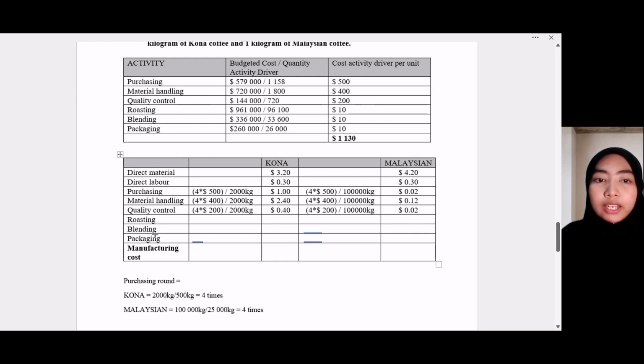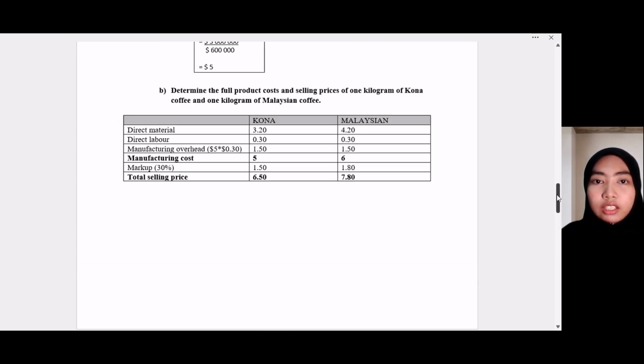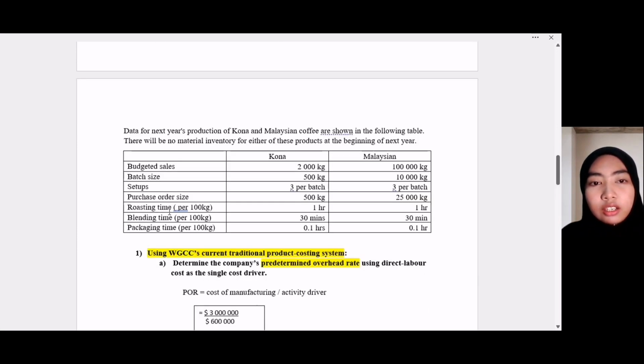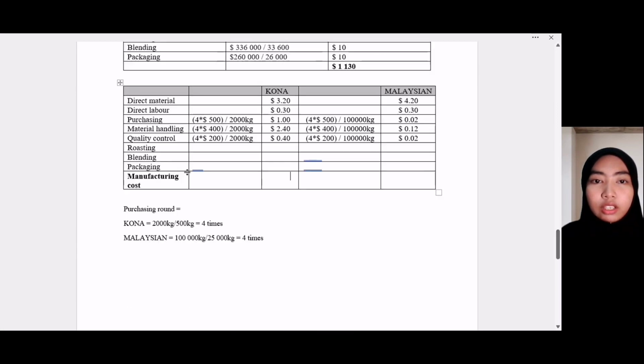Okay, for the roasting, blending, and packaging, they have a different calculation, because in this question they stated that this is the time consumed for 100 kilograms. So we need to find how much time they consume to produce 2,000 kilograms for Corners and 100,000 kilograms for Malaysian. Okay, so for the roasting, this is the equation.